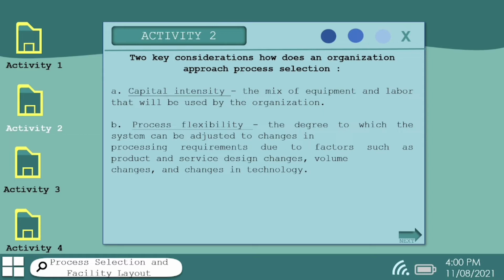Process flexibility: the management should know how to deal with outside factors like technology changes, service design, and volume changes. So these are how the organization comes up with the process selection.